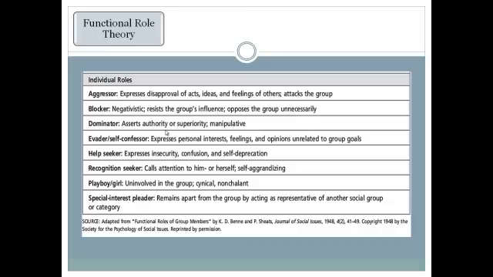The playboy or the playgirl is basically just uninvolved in the group and kind of just putting their feet up, not really caring about what's going on, and maybe joking around a little bit, but not really involved in what is going on. So again, these are examples of roles in a group that are more individualistic.